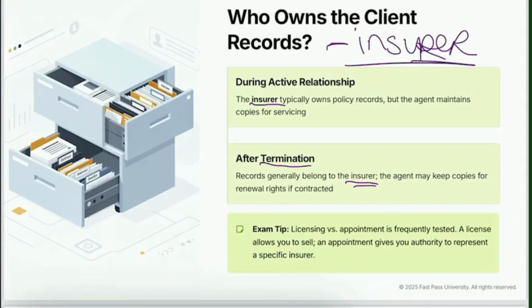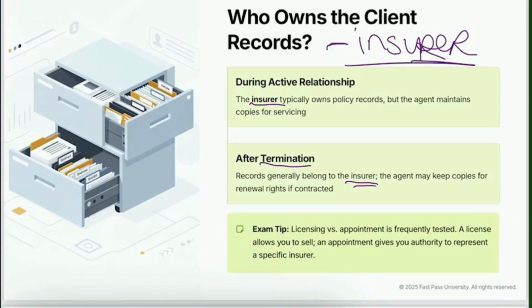Exam tip: licensing versus appointment is frequently tested. A license allows you to sell; an appointment gives you the authority to represent a specific insurer. Once you are licensed, you do have the ability to sell, but you generally need to be appointed with the insurance company you represent, or if you are a broker, appointed with multiple carriers.